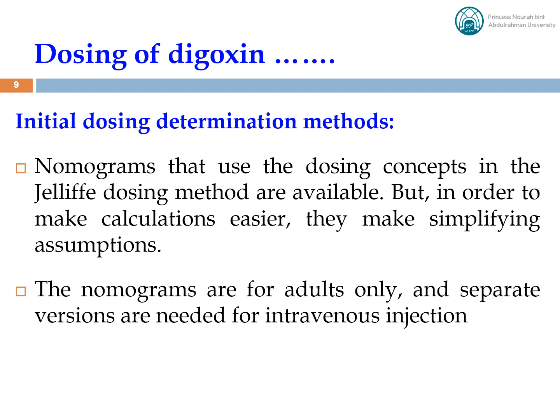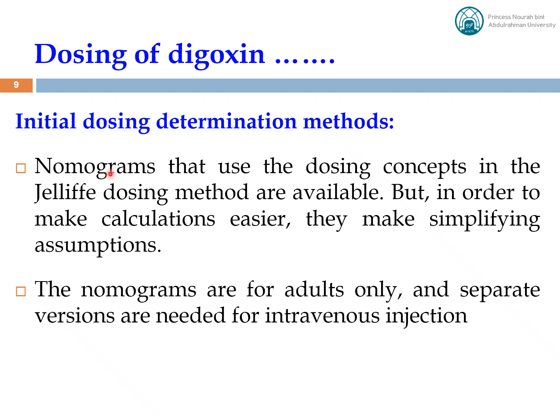For the initial dosing determination method, we can depend on nomograms. As you can remember, a nomogram is something like a ready-made chart, and we have been exposed to this expression since pharmaceutical calculations, as you remember. Nomograms for body surface area determination, and other nomograms for drug dosing determination depending on the body weight, other disease conditions of the patient, maybe the patient age.